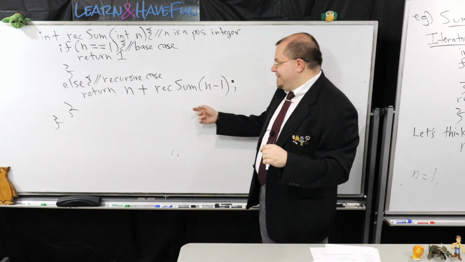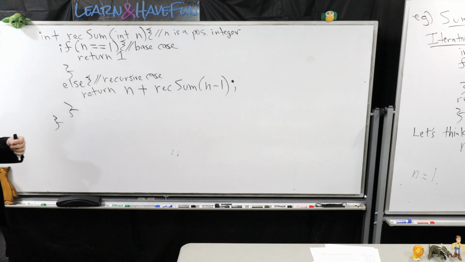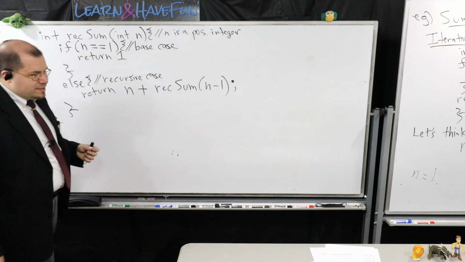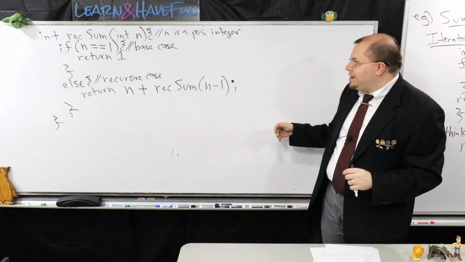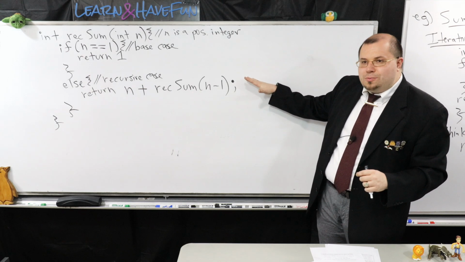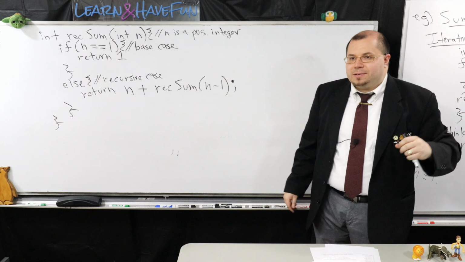I'm trusting that this is actually going to function properly. I'm just trusting the recursion to do its job, because if you think about this carefully, I'm going to walk through what we did here and show you it's the exact same thing I have over there.